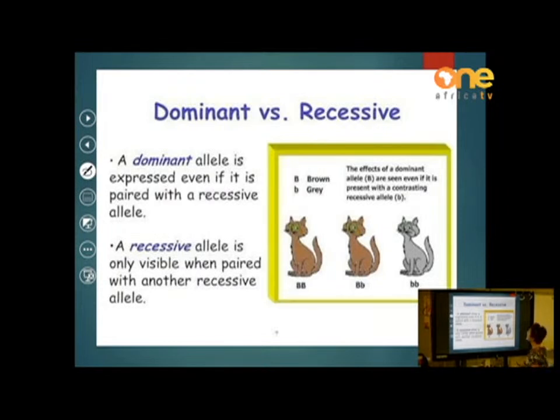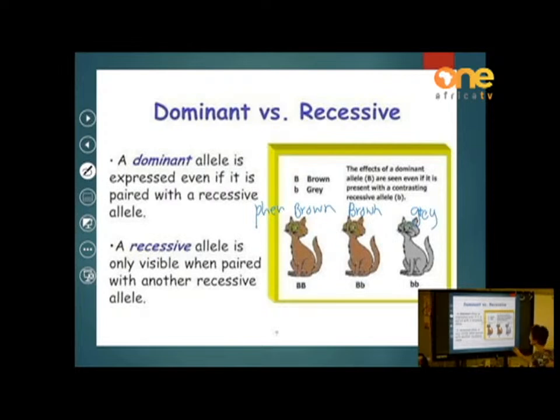Here, I have a phenotype. This cat is brown. Yes. This cat is brown. Yes. And this cat is gray. Okay.